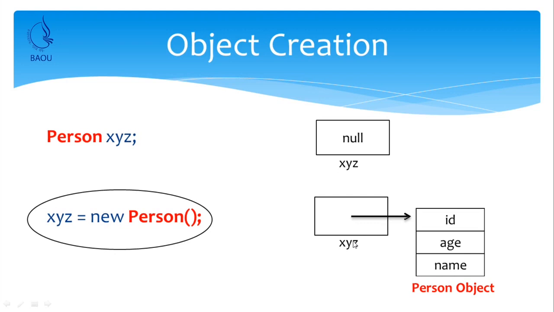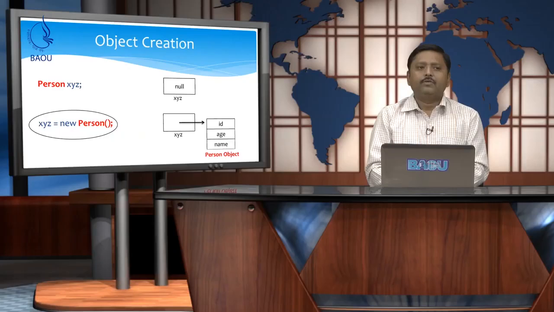Now, when I create a Person class object, it has three instance variables. So, it allocates memory for id, age and name depending on their types, and its address is stored inside xyz. So, you can access these members as xyz.id, xyz.age and xyz.name. So, this is how an object is declared and created.